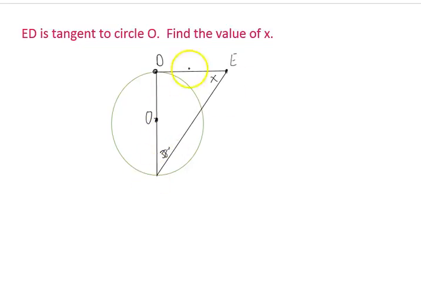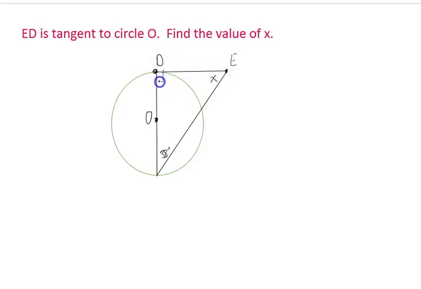I have a triangle now instead of a quadrilateral. I know that this bottom angle is 38 degrees, and I'm trying to find this angle on the outside. Since I have a line going through O, I know that from O to D is a radius, and it tells us in the given that DE is tangent to that circle.